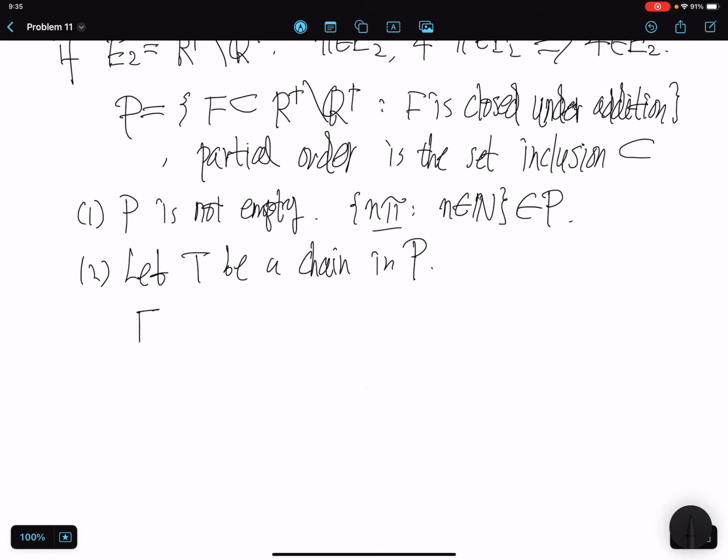So if we let F be the union of all the sets in T. Remember, T is a collection of sets.